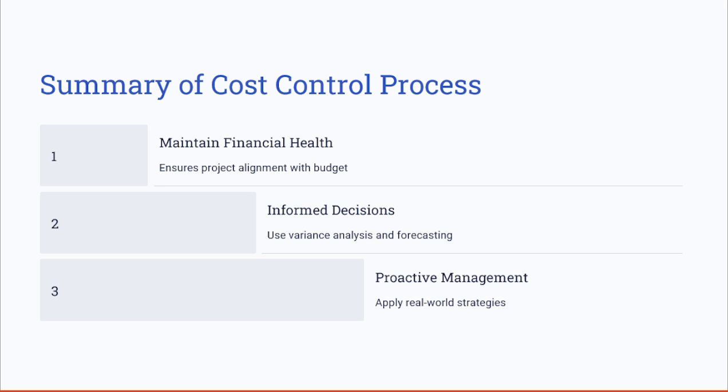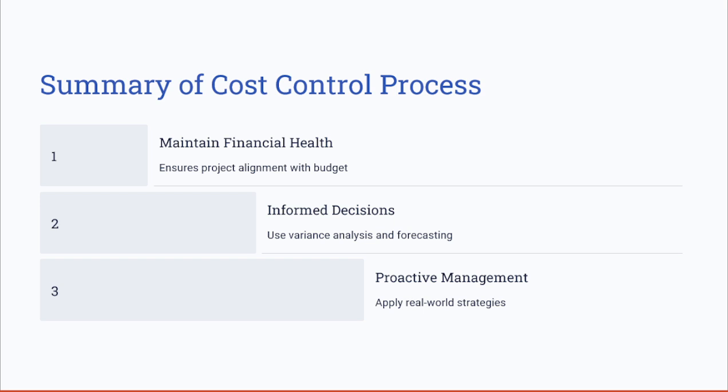As a summary, cost control is vital for the financial success of any project. By leveraging techniques like EVM, variance analysis, forecasting, and trend analysis, and keeping the stakeholders informed about cost variances, project managers ensure that the expenditures are aligned with the project objectives.